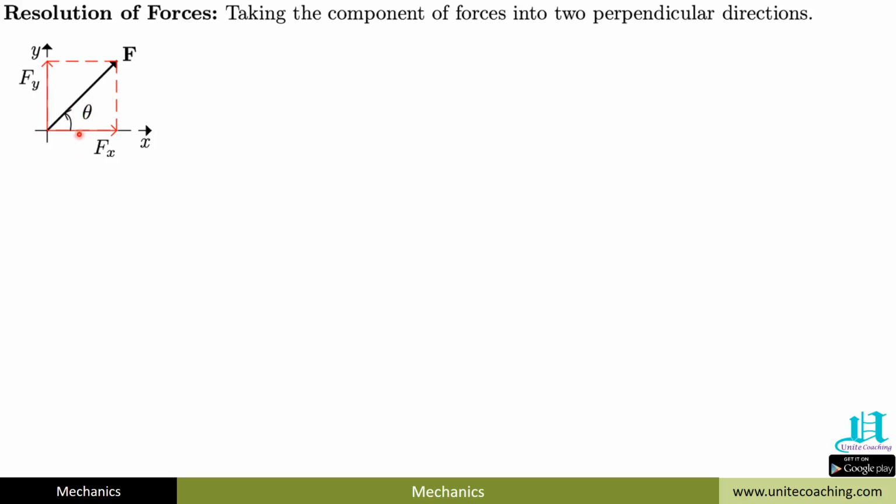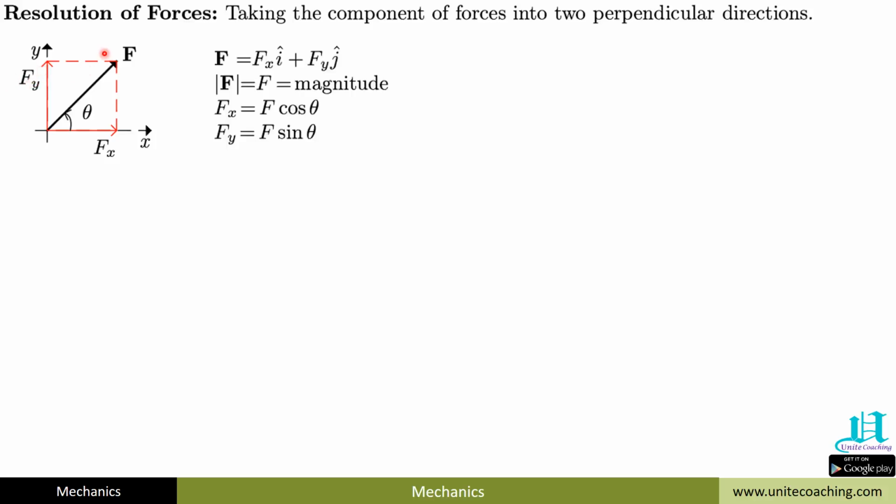Now we are given an angle theta and we are given the vector f, that is, we are already given its magnitude as italic letter f, right? So to find the components, fx will be equal to f cos theta and fy will be equal to f sin theta.